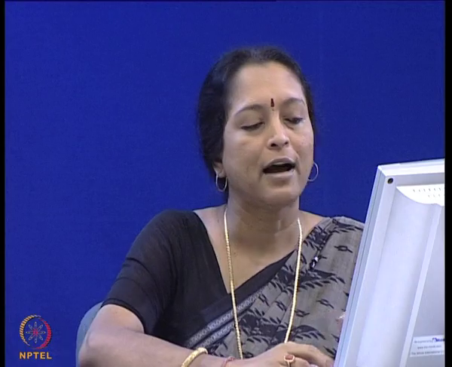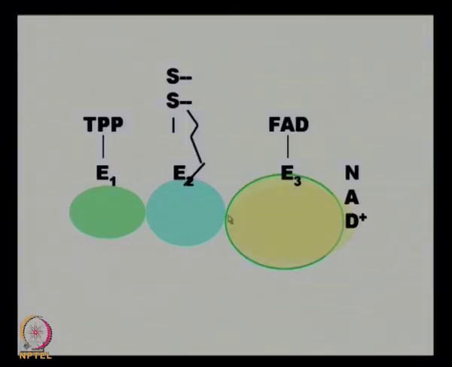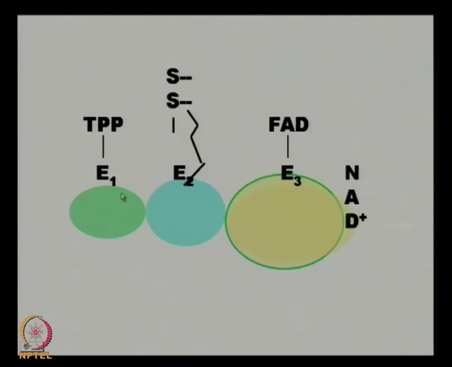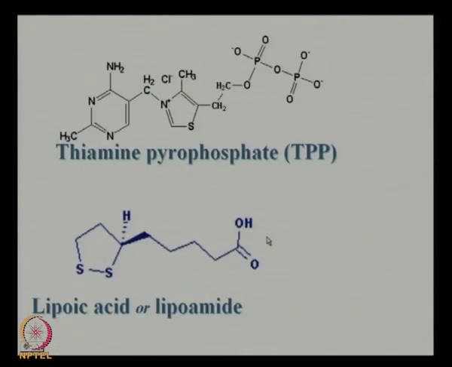Now, I am showing you these 3 moieties: E1 is pyruvate dehydrogenase, E2 is dihydrolipoyl transacetylase and E3 is dihydrolipoyl dehydrogenase. These 3 enzymes are participating with the 5 coenzymes and converting pyruvate to acetyl-CoA.